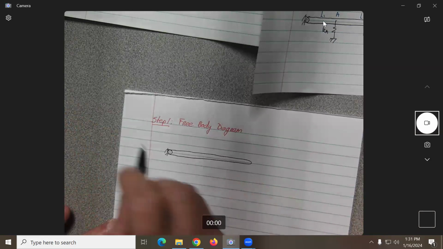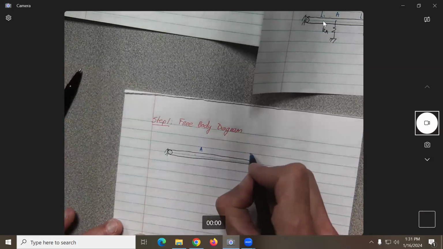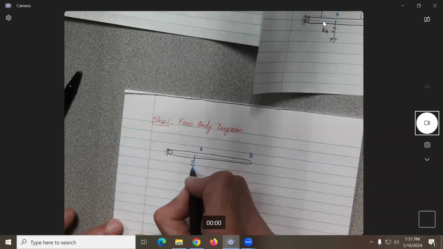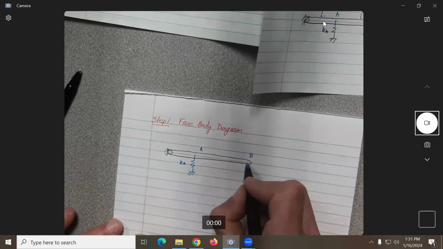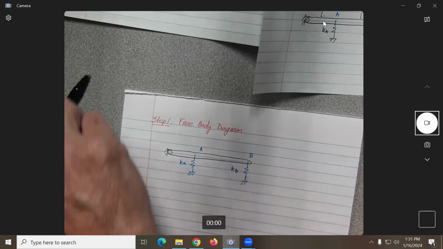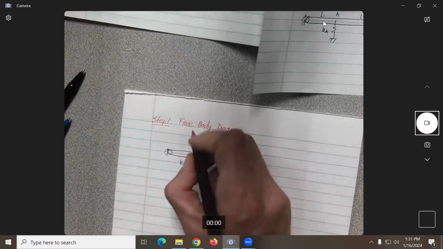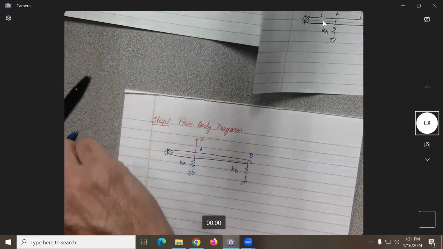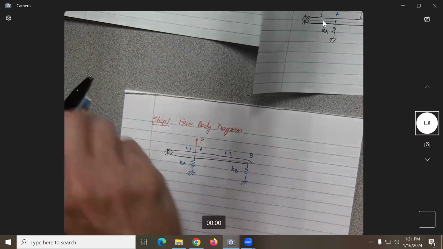Okay, we need to apply a force. Perfect. So here A, B, we know here this is K sub A, K sub B. We're going to add a force F at point A this time. L1, L2.